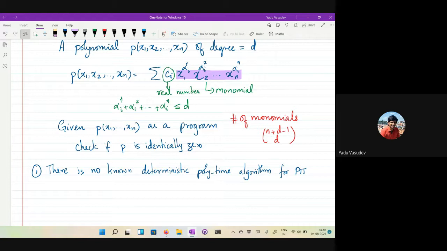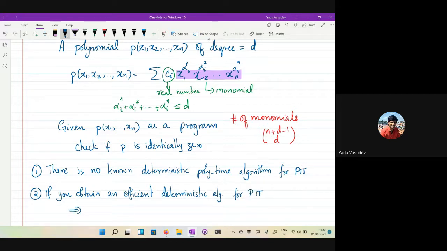The second interesting reason why this problem is interesting is that if you obtain an efficient deterministic algorithm for PIT, then that would imply that there is no efficient algorithm for some other fixed problem.